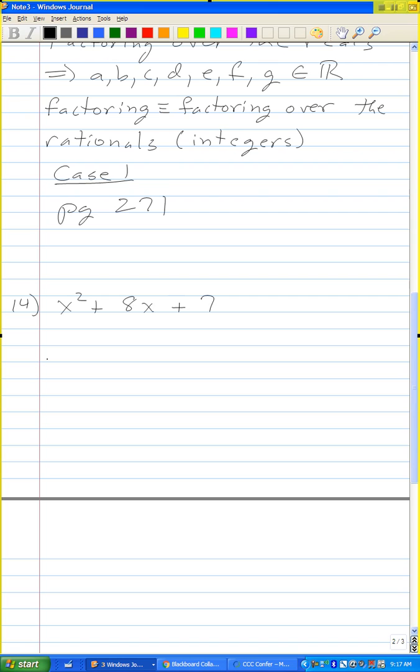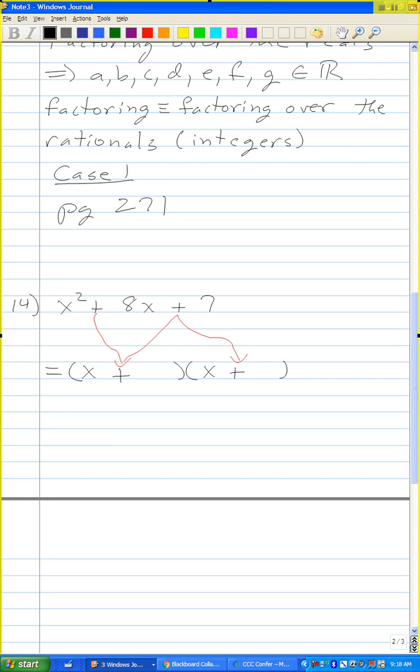So this is going to equal, so this is x squared, so I'll bring down the x. This is a plus sign, so I'll bring down the plus. And now I'll multiply: positive times positive becomes positive, so that's a plus sign.